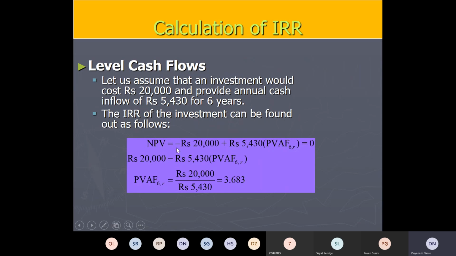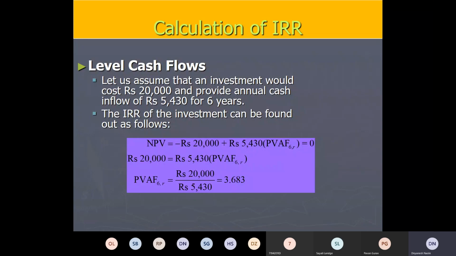So NPV will be minus 20,000 plus 5,430 times the present value factor of annuity. That means if the figure is the same every year, we can use this value directly from the table for 6 years and at a particular rate.